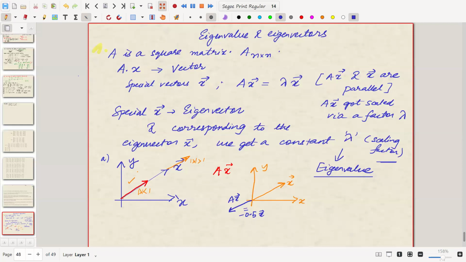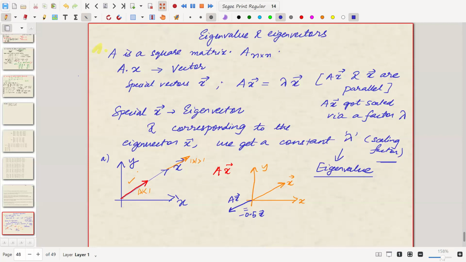Now if lambda is negative, Ax equals minus 0.5x, right? So it has to be parallel to x actually, but it is in the negative direction. So it is exactly along the same line as the vector, but pointed in the opposite direction.